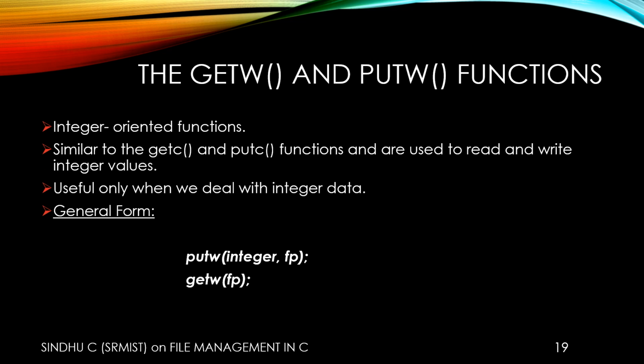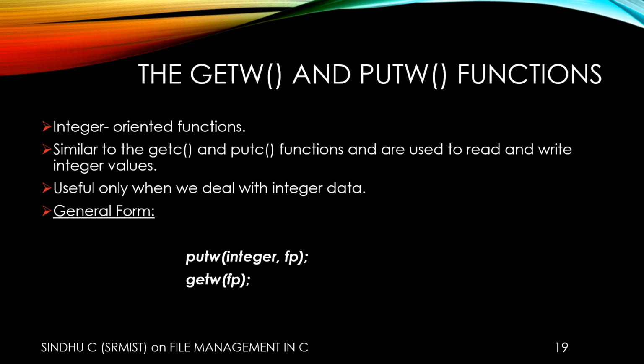The second set of functions is getw and putw functions. These are integer oriented functions. They are similar to getc and putc functions and are used to read and write integer values. They are useful when we deal with integer data.